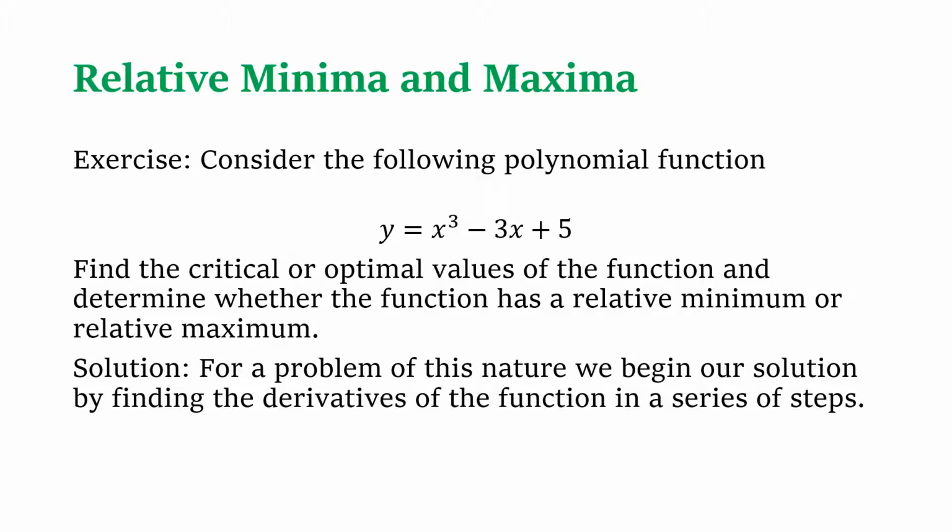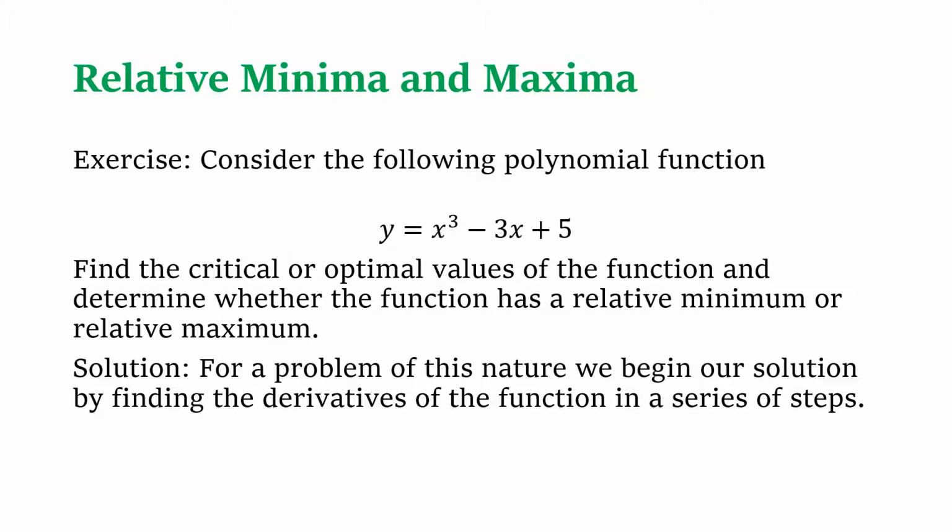Now let's look at one typical example here. Consider the following polynomial: y equals x cubed minus 3x plus 5. Looking at this function, they want you to determine whether this has a minimum. Obviously, the x to the power 3 has a positive coefficient.